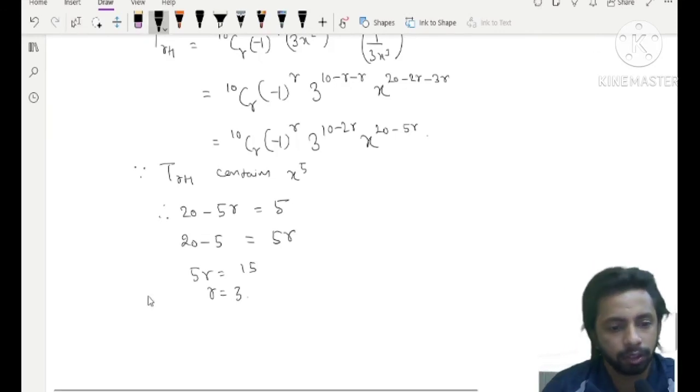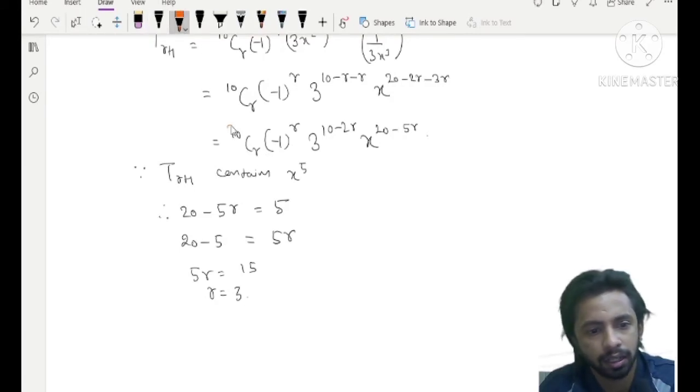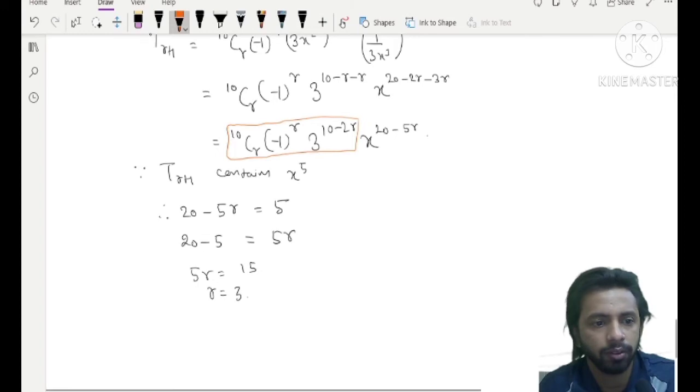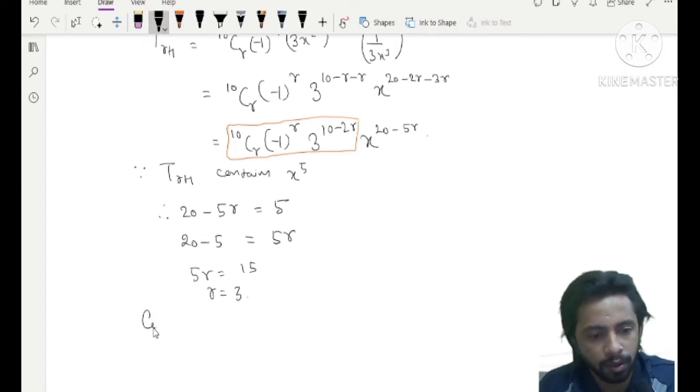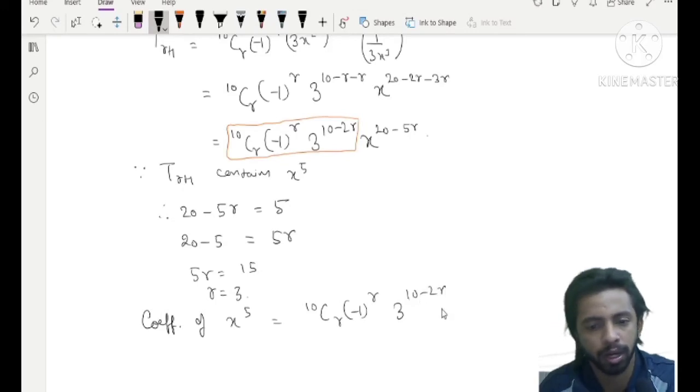So therefore what is the coefficient of the x term here? The coefficient is this one. So what we want to find now is the coefficient of x to the power 5, which will be equal to 10Cr (-1) to the power r and 3 to the power 10 minus 2r.